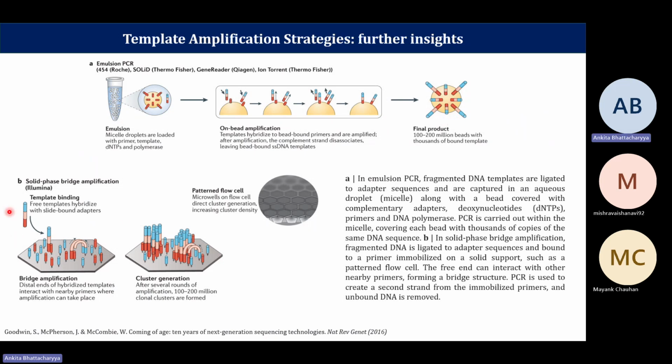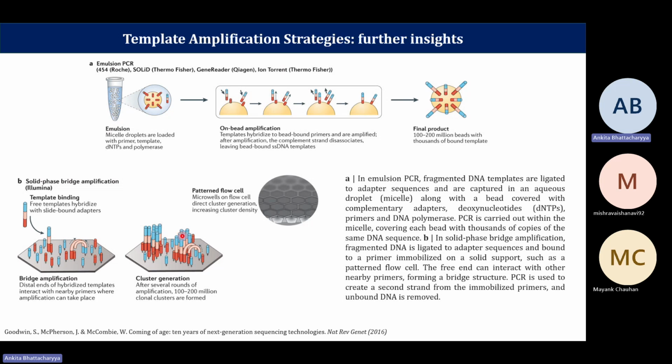The second strategy, which I just mentioned, is the solid phase bridge amplification strategy, where you have this sort of flow cell on which you have templates which are hybridized that are able to interact with near primers where amplification can take place. And as you can see, this sort of bridge formation occurs, which allows the completion of the complete strand.